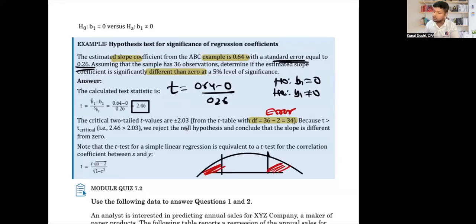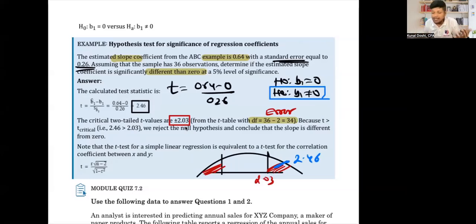So it is n-2. And if you go to the distribution table, they've already given you the value. The value is 2.03, which is slightly higher than 1.96. So this is 2.03 and your test statistic is 2.46. Again, reject the null. We want to reject the null so that we can comfortably use beta.